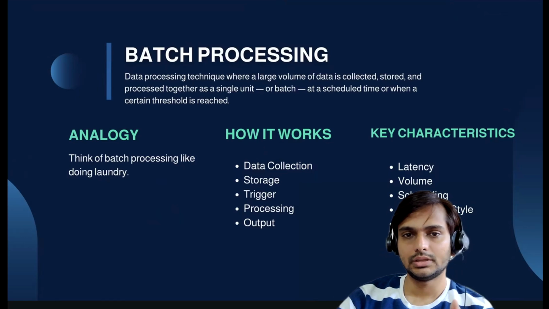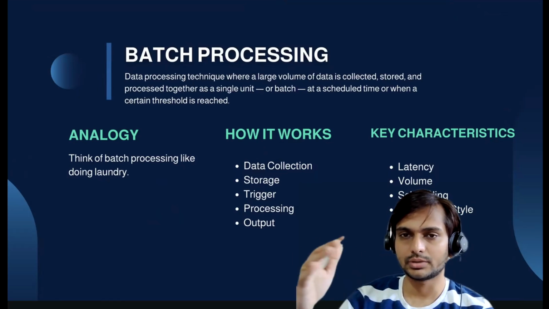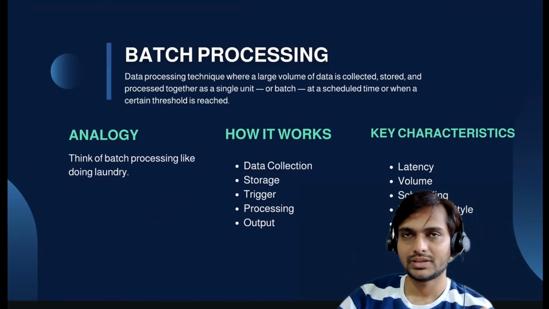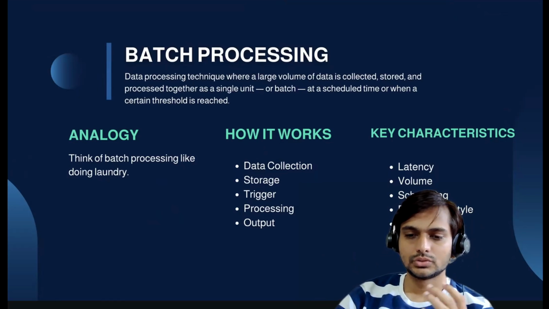When we say output, it can be a dashboard report, a source for another system, or it might be exposed as an API to pull the data. That is how batch processing works.